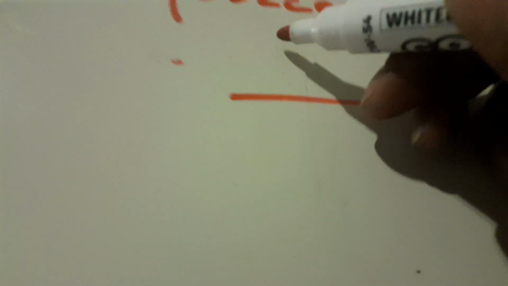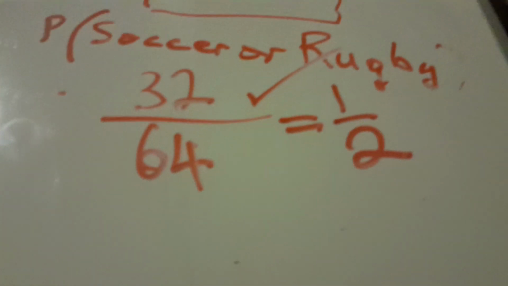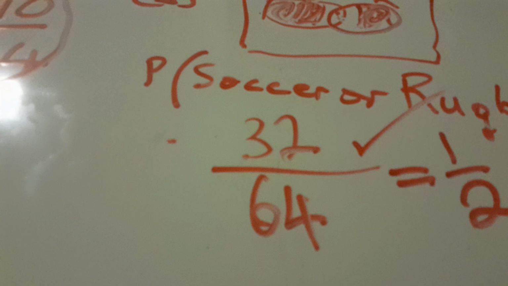So it is going to be 32 out of 64, which is half. That's the answer for that one. Then, going to the next question.